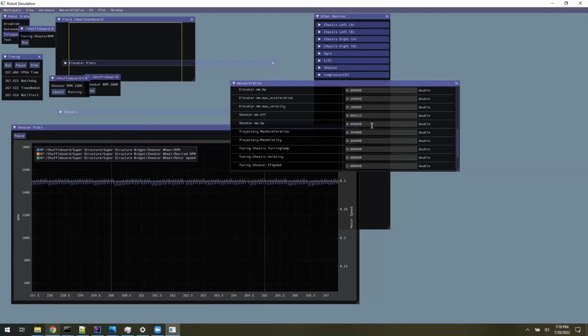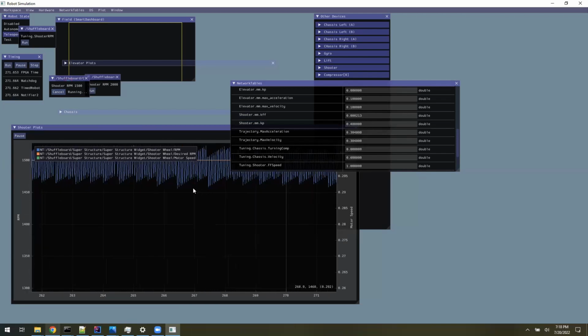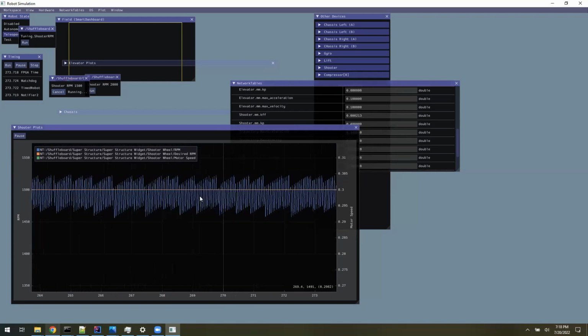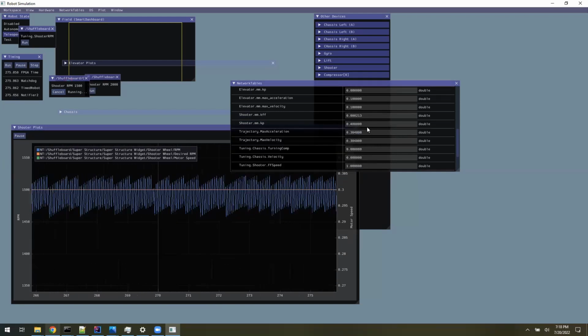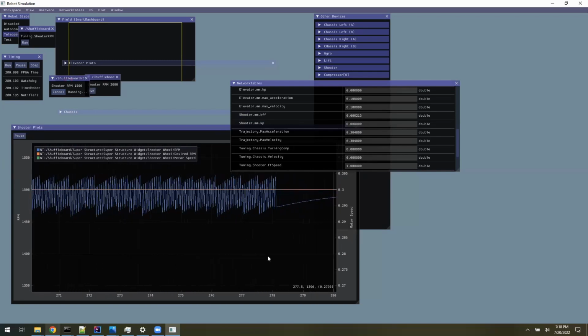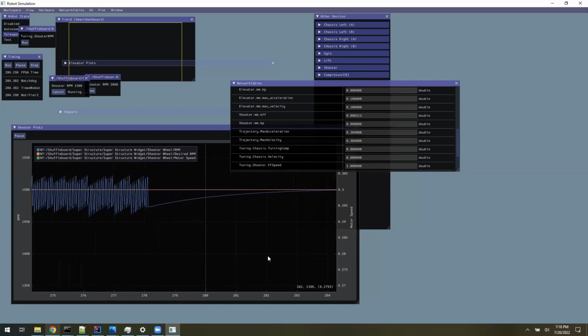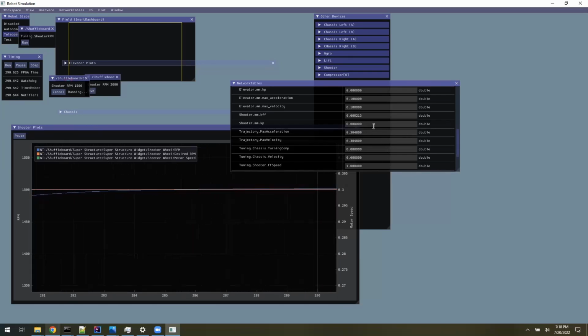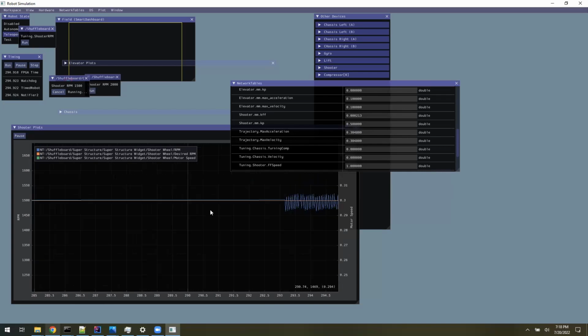Again, we could tweak around with this and try to make it oscillate less. The way it's oscillating makes me think our F might not be high enough, or too high, or something. Right now, we'll call that good enough.